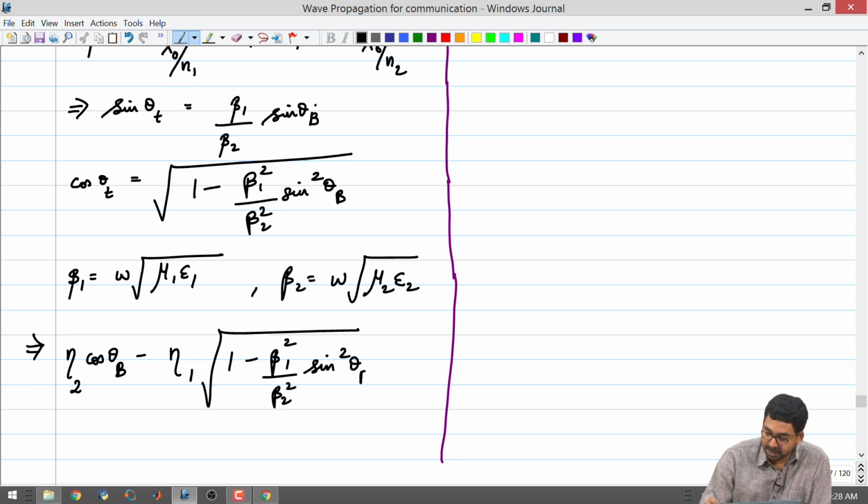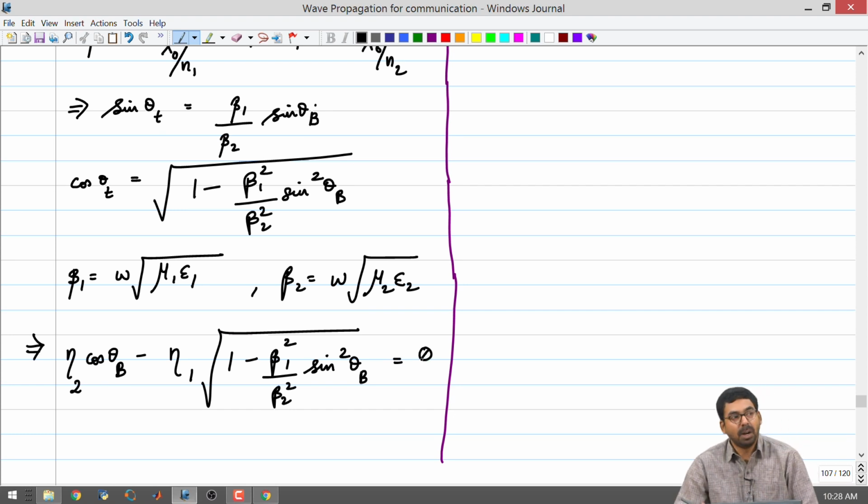This is the last expression that I have for cos theta t is equal to 0. This is what that same expression would look like, right.